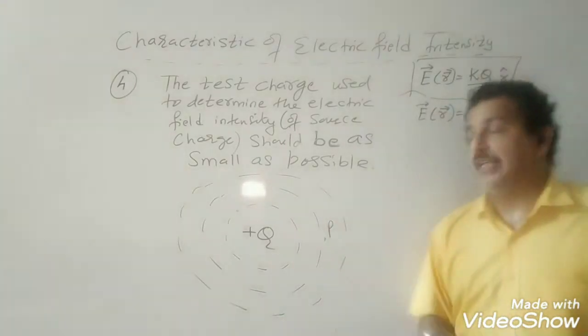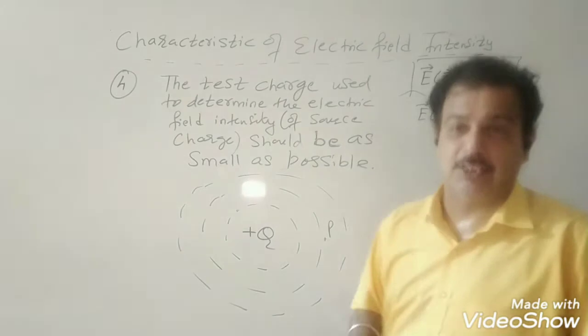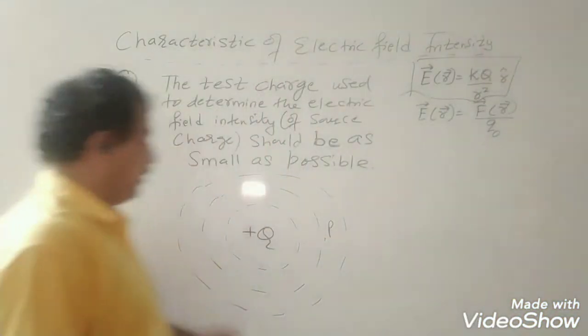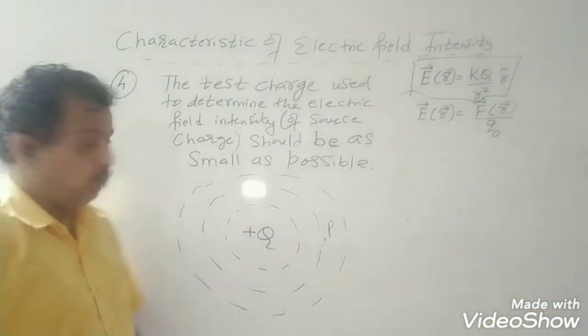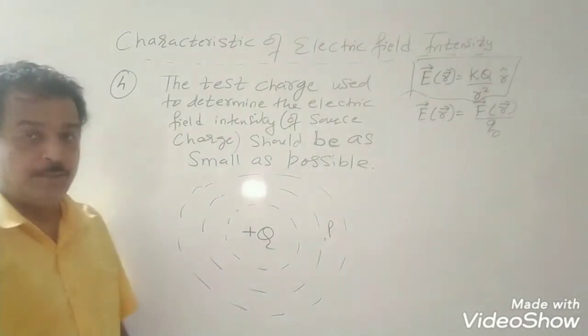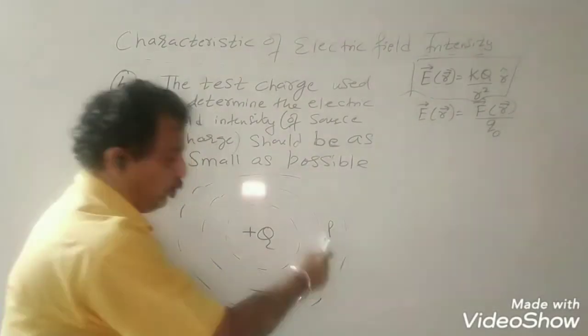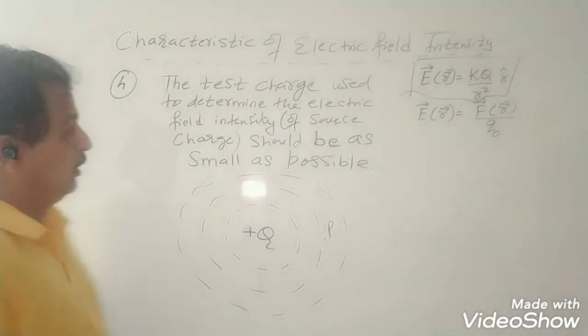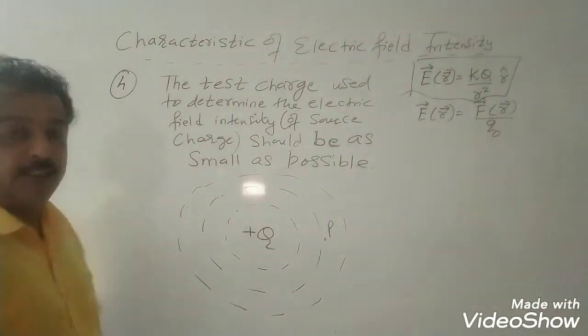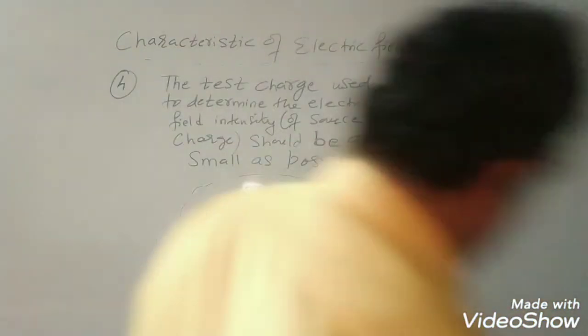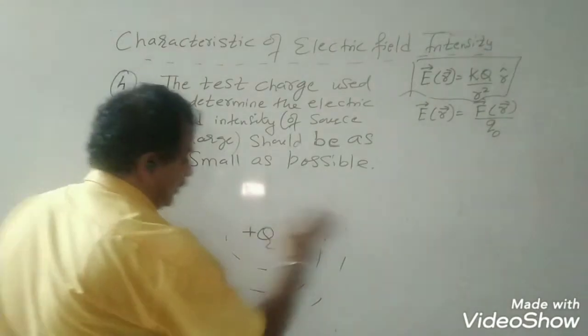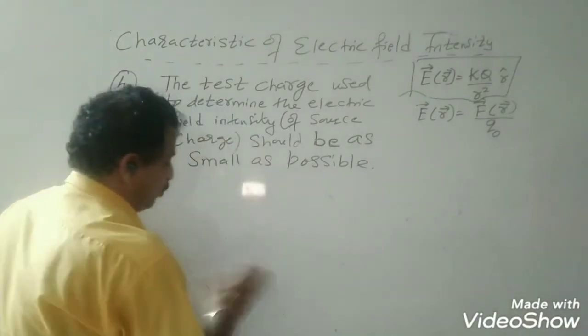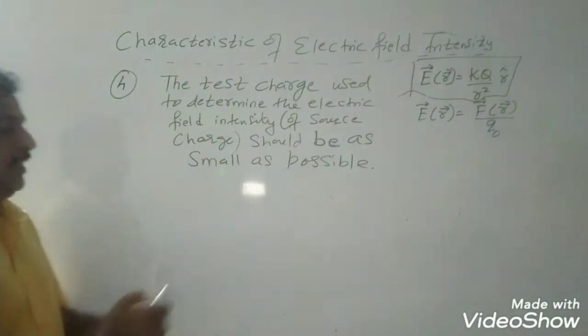But for the time being, as far as the first chapter is concerned, we assume the source charge is fixed. So once it is fixed, your test charge should not be very large. So the condition is the test charge should be as small as possible. Now why should the test charge be as small as possible? So I give the reason.